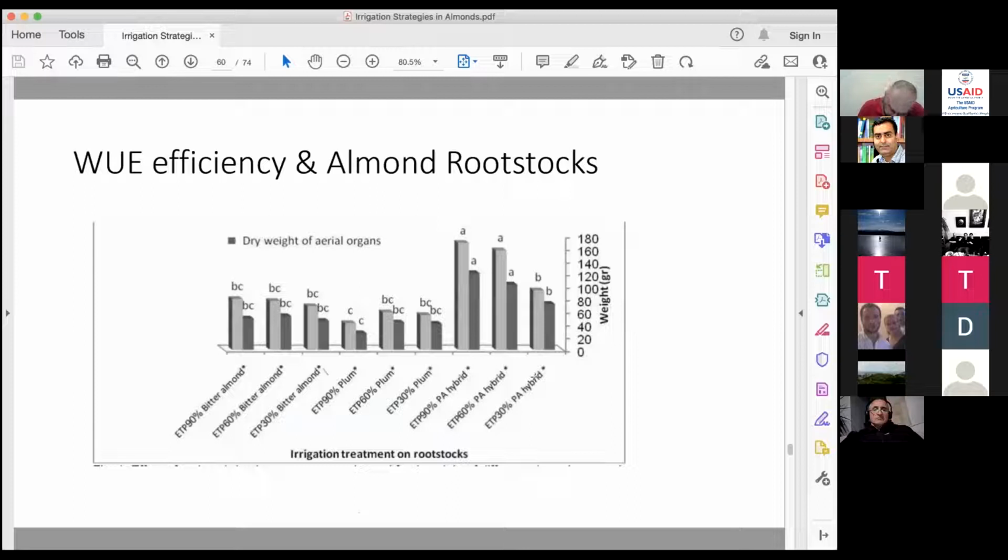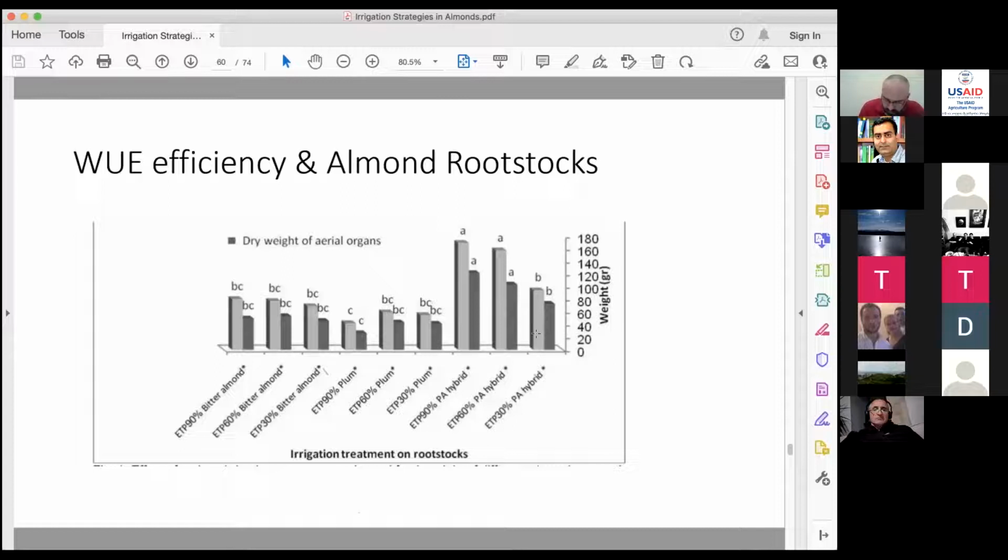They were actually producing higher weight than the bitter almond and plum, particularly at 60% of water used. If you compare this bar, peach almond hybrid at 60% water application was significantly higher than plum at 60% or bitter almond at 60%.